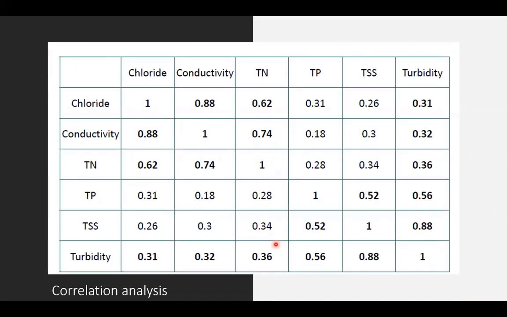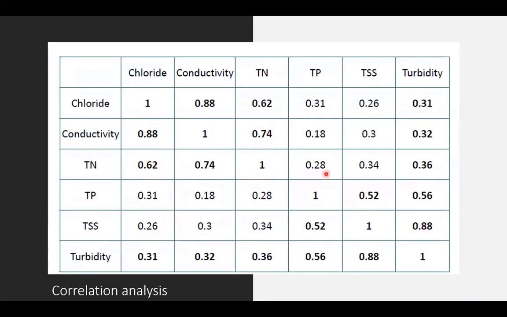Back to assignment 1, looking at the correlation between chloride, conductivity, total nitrogen, total phosphorus, total suspended solids, turbidity, and the other parameters. You can see there's a positive correlation between conductivity and chloride, total nitrogen and chloride, strong correlation between conductivity and chloride, not surprisingly, fairly strong correlation between conductivity and total nitrogen.